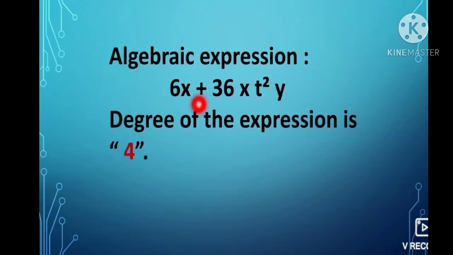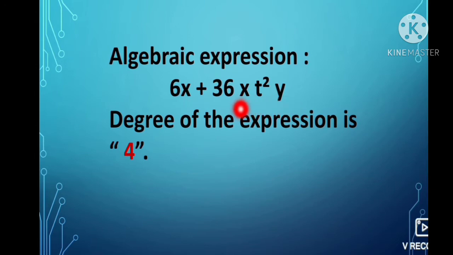The algebraic expression 6x plus 36x t square y is given. Here, 2 terms are given. That is, it is a binomial. And here, to find the degree of the expression, in the same way, we have to take the powers of each term. In the first term, the power of x is 1. And in the second term, there are 3 variables.